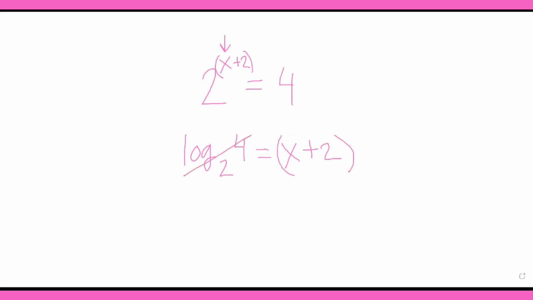I know this equals 2 because 2 squared is 4. Log equals the exponent. 2 to the what equals 4? 2 squared is 4. So that whole side becomes 2, and then I could solve for x. I would just subtract 2 from both sides, and in that case, x would have to equal 0. So whatever the case is, when x is in the exponent, we can use a log to solve for it.